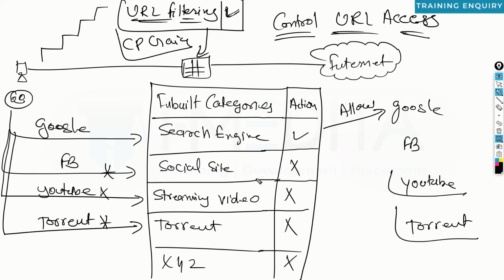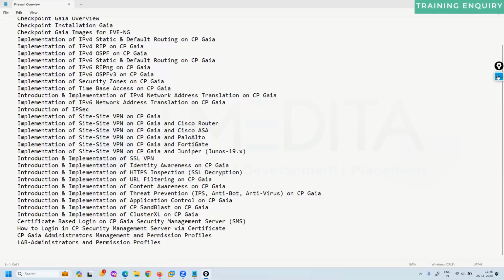Clear? Yeah, got it. One more question. If in my organization there is a sales team, and they want to access only Facebook content, not the other parts like gaming and chat, can we restrict that as well here? I understand your question, but that is not part of URL filtering.